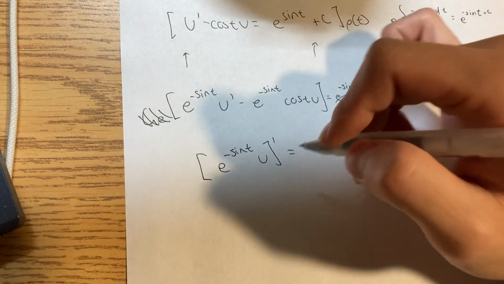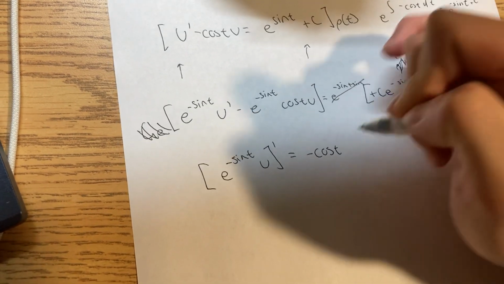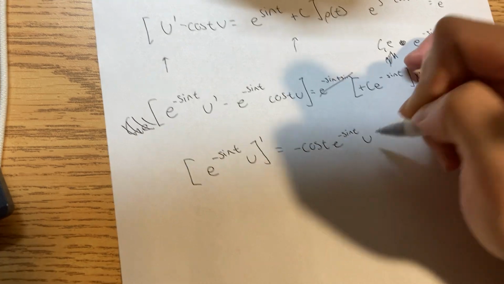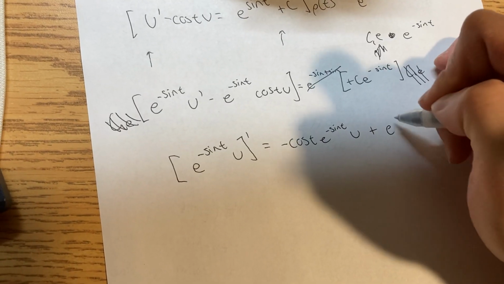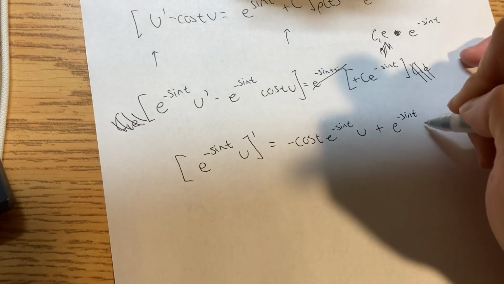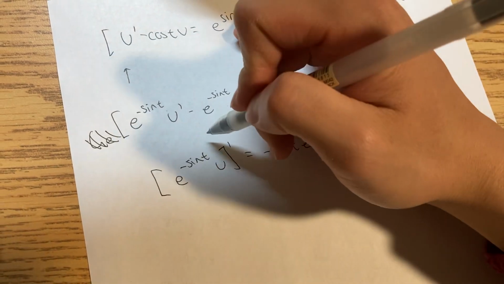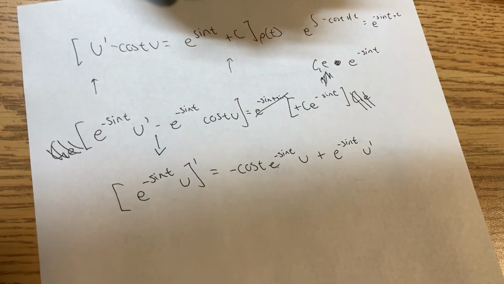The derivative of this is negative cosine t e to the negative sine t u, plus the derivative of that, which is e to the negative sine t u prime. And clearly this corresponds to this term, and this corresponds to this term. This follows from the product rule.